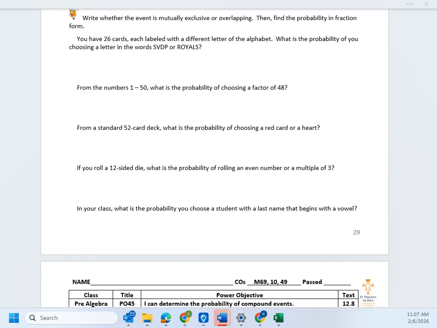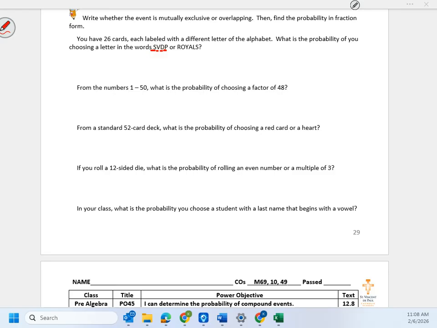So remember, mutually exclusive says there are no outcomes that can happen at the same time. Overlapping means we have ones that are in common. So let's look, we have SVDP. If we're going to look at our successful outcomes, SVDP, and then Royals, we only count ones that are different.